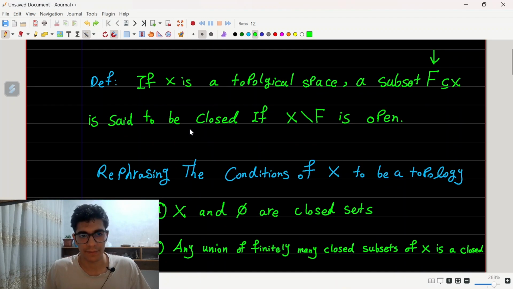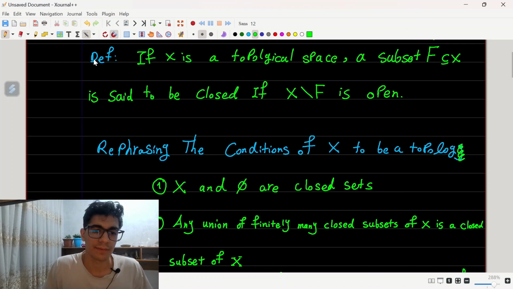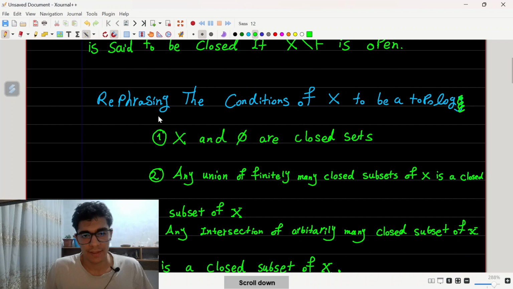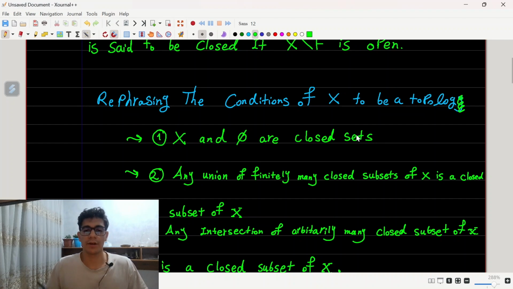And with this definition right here, we can rephrase the condition of X to be a topological space in the following way. So I'm going to show where these three came from, and these conditions are now expressed in terms of closed sets.